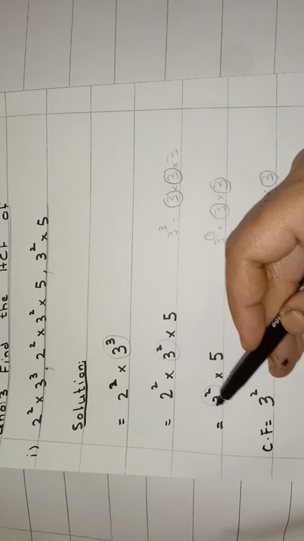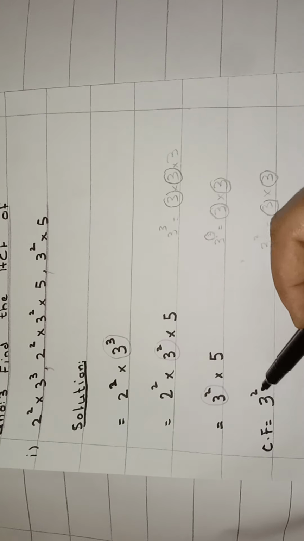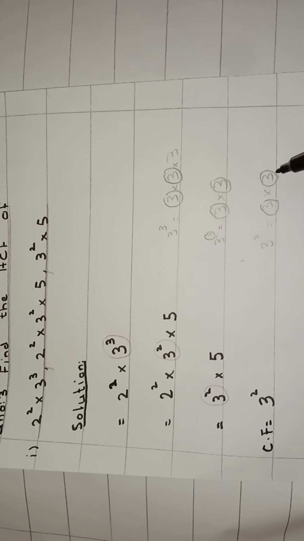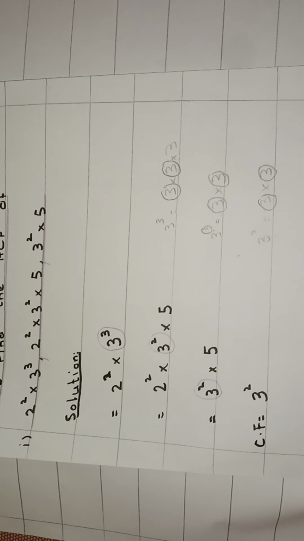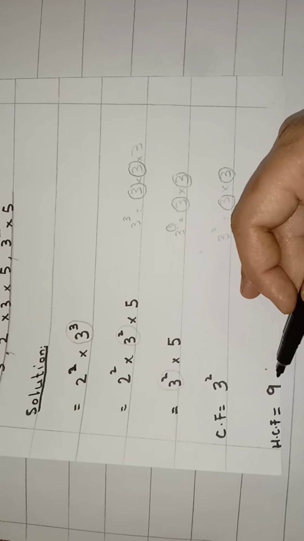Among the common factors you choose the lowest power. 3 power 2 means 3 times 3, which is 9. Our HCF will be equal to 9.